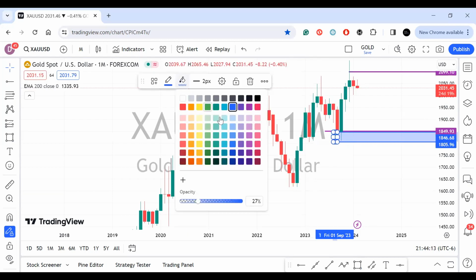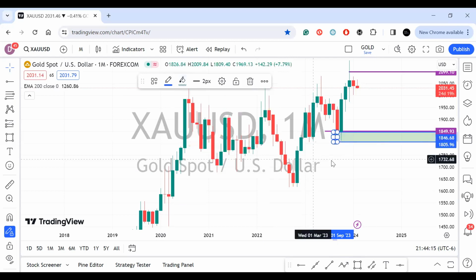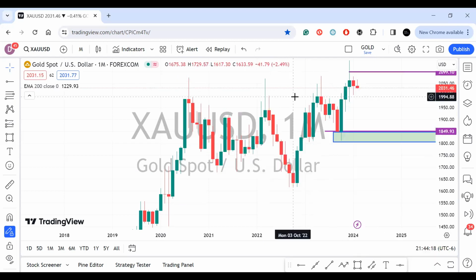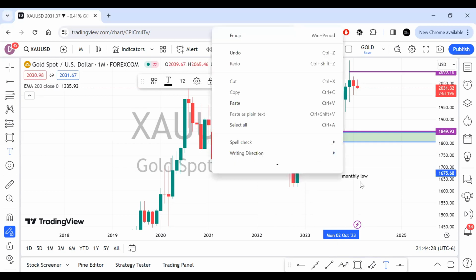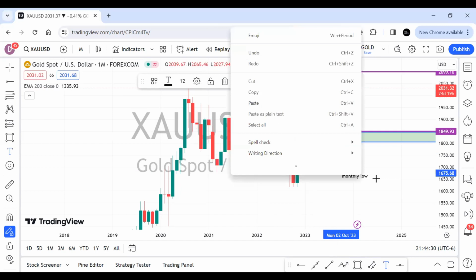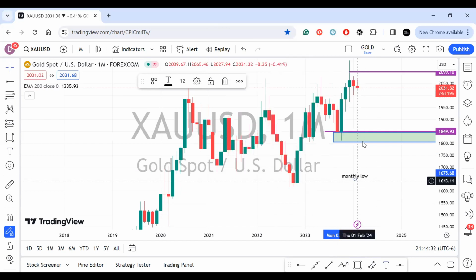So for my monthly, I like to use a green color. So this monthly, I will name it monthly low. So this is now our monthly low.